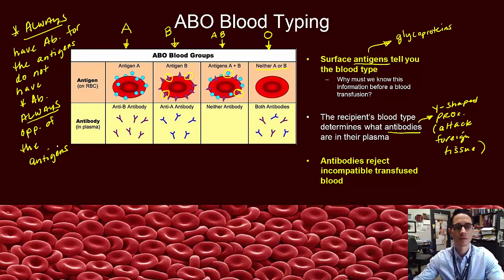Okay? It's important that you recognize that antigens are stuck on cells and those determine the blood type. Antibodies float around in the plasma. Those are the Y-shaped proteins that can reject incompatible blood. So someone who is of type A, they have surface antigen A, and we know that the opposite of A is B, right?